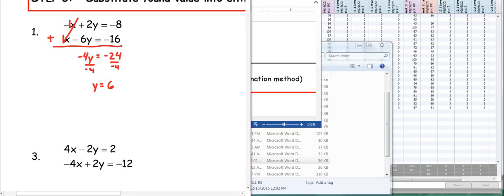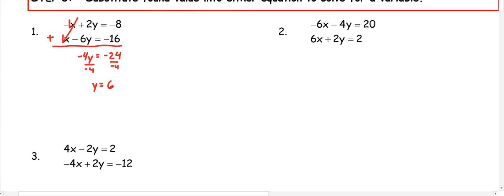Once I know that y is 6, I need to go back and substitute to get the other variable. I can pick either equation, so I'll pick the first one, negative x plus 2y equals negative 8. We know that y is 6, so we now have negative x plus 2 times 6 equals negative 8. 2 times 6 is 12, so negative x plus 12 equals negative 8.